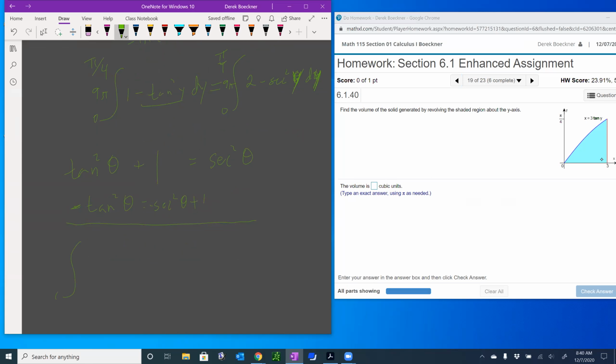Okay. Integral 0 to pi over 4, 9 pi 2 minus secant squared y dy. Antiderivative of 2 is 2y. Antiderivative of secant squared is tangent y. We're going to evaluate at 0 and pi over 4.